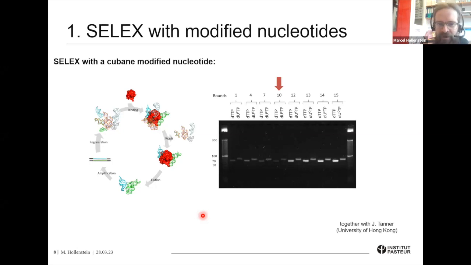So the idea here was to explore novel chemistry that deviates from flatland chemistry using these cubane modified nucleotides, and try to see if these modifications could trigger a specificity towards PvLDH and not recognize PfLDH.